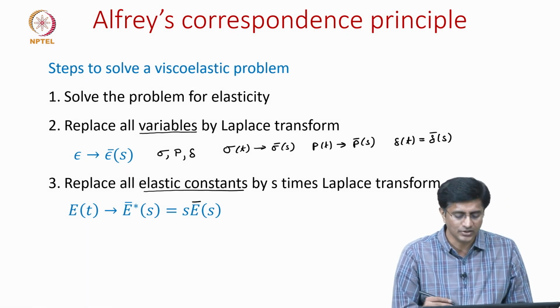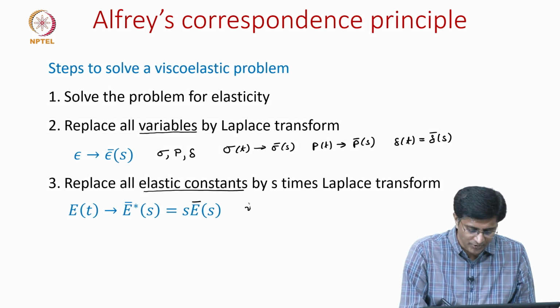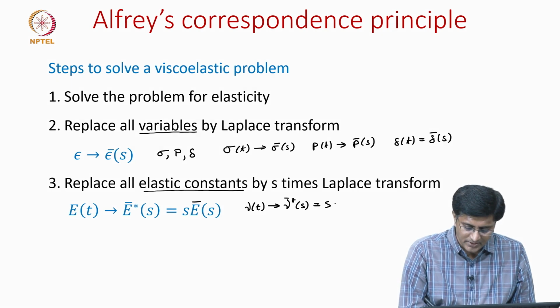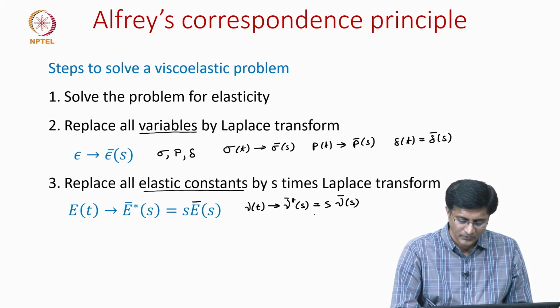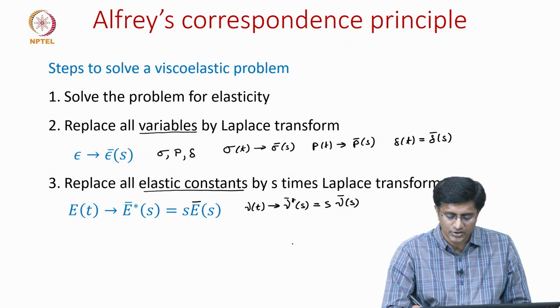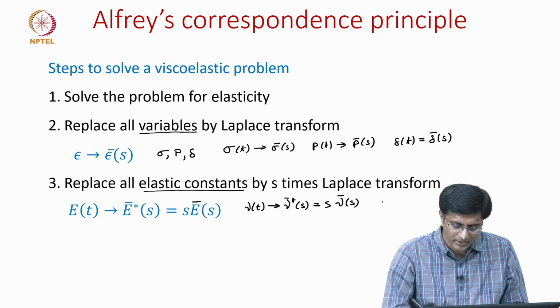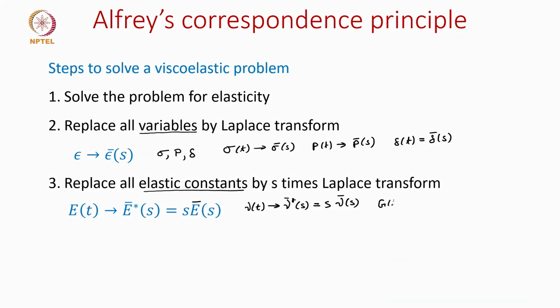Similarly, Poisson's ratio we replace with mu star of s, which is s times mu of s. Similarly, shear modulus G of t is replaced with G star of s, which is again s times G of s.